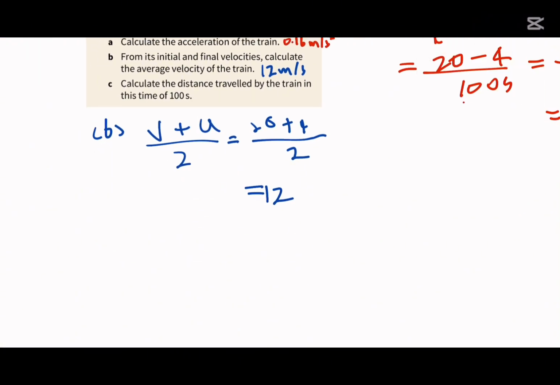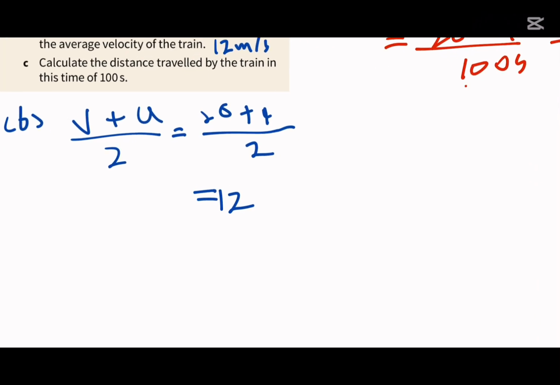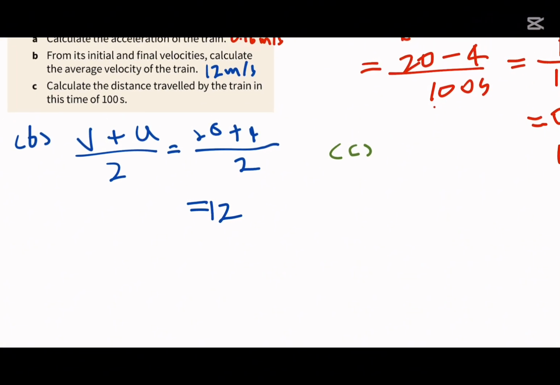Okay, now let's go to part C. Calculate the distance traveled by the train in the time of 100 seconds.